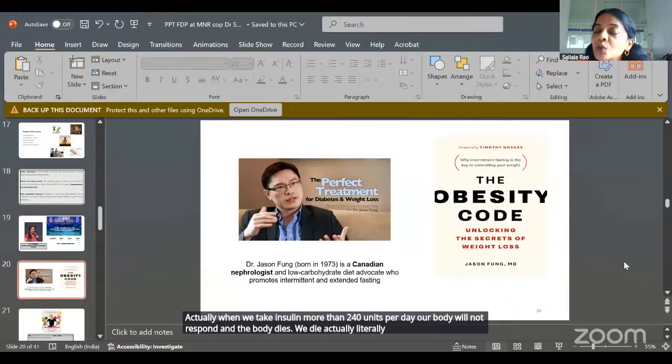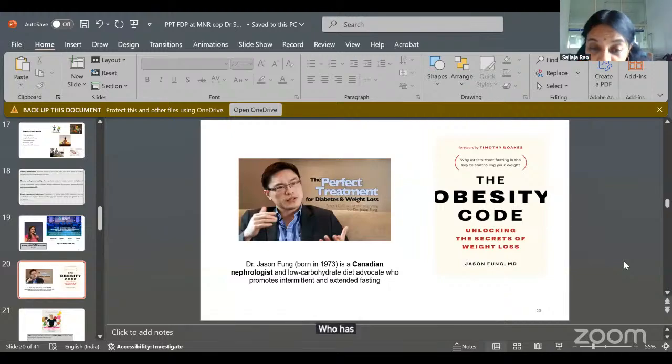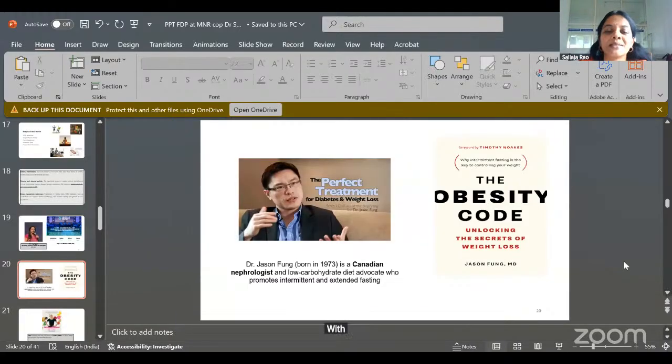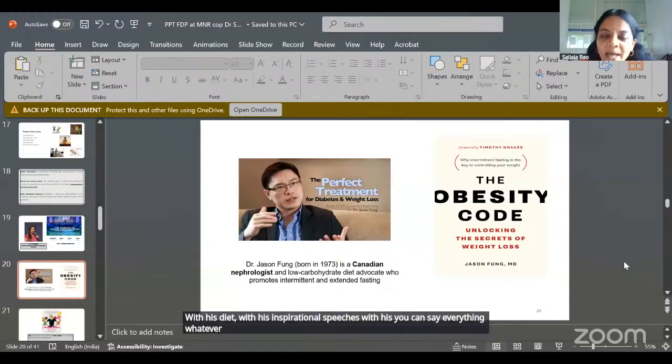But even that patient on 180 units of insulin was reversed with his diet, his inspirational speeches, lifestyle management, stress management, whatever we have to employ, everything that patient followed and he was able to do it.